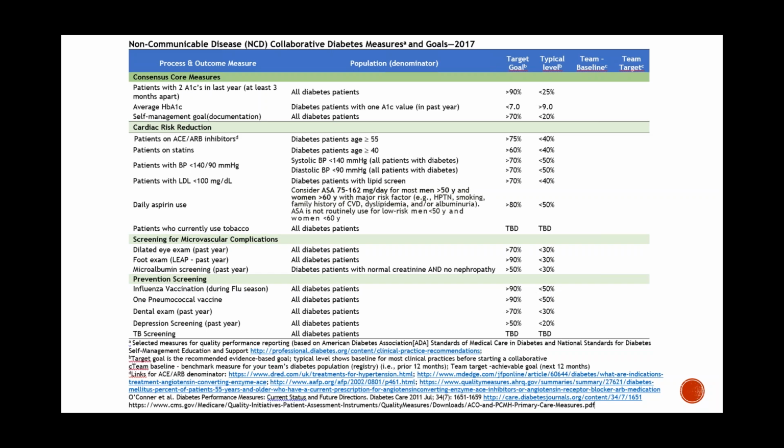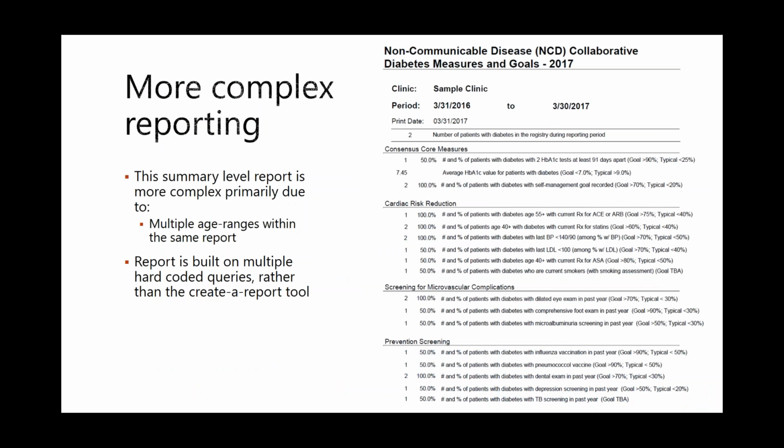So what I wanted to show you as a response to that more complicated report is this. This is an indication of more complex reporting within CDEMS. This is a summary level report that is hard-coded into the registry. We built this in specifically for use by PCDC, and we're glad to do these types of custom reports as you need them.